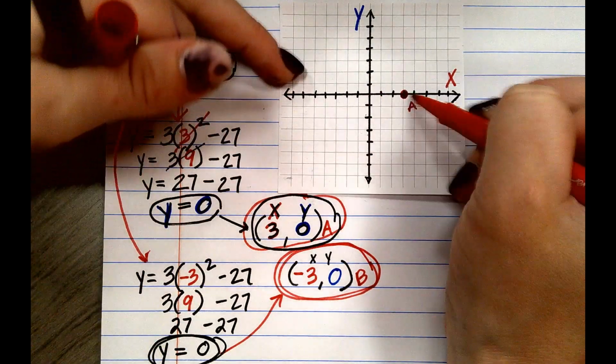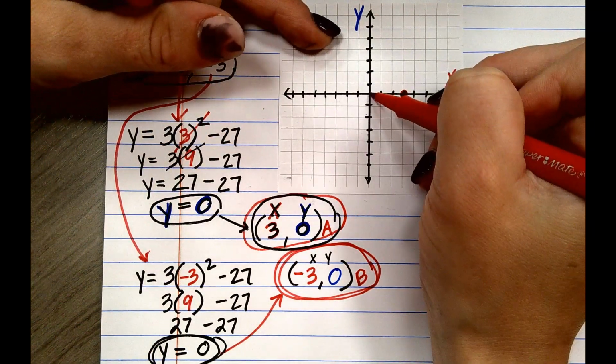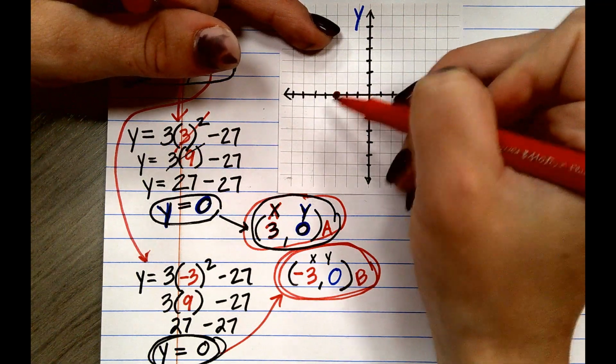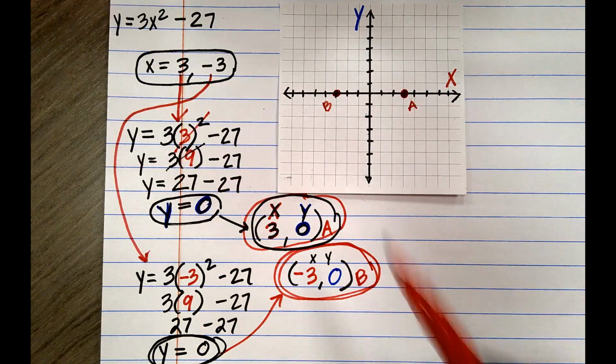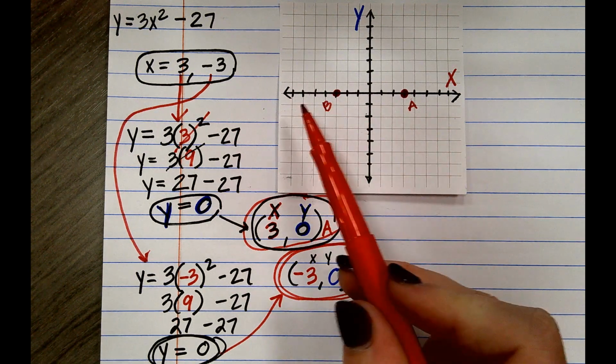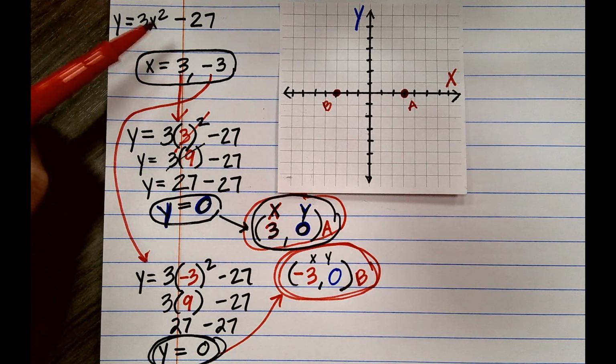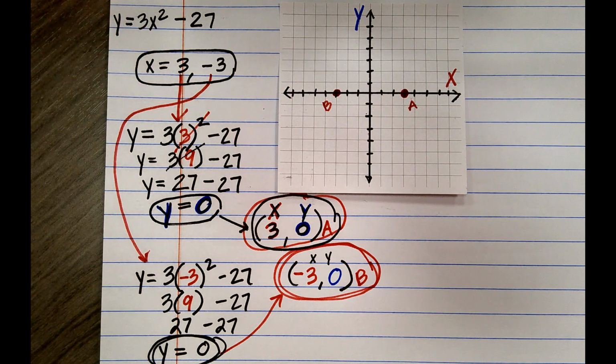So instead of going to the right 3, now it's negative 3. I'm going to go to the left. 1, 2, 3. Right here, and that's point B. So these are going to be the 2 points where the graph of this equation crosses the x-axis.